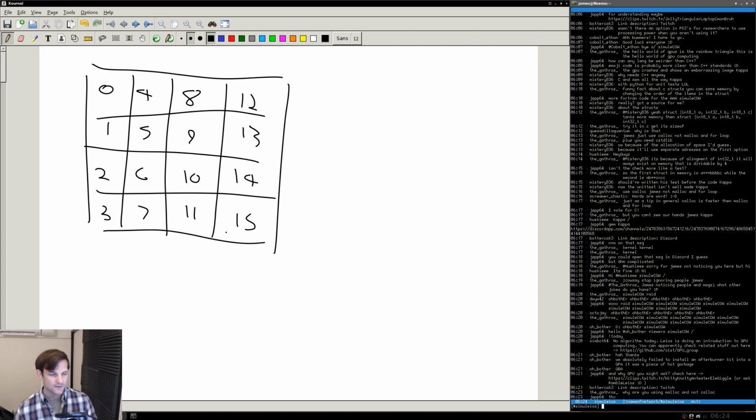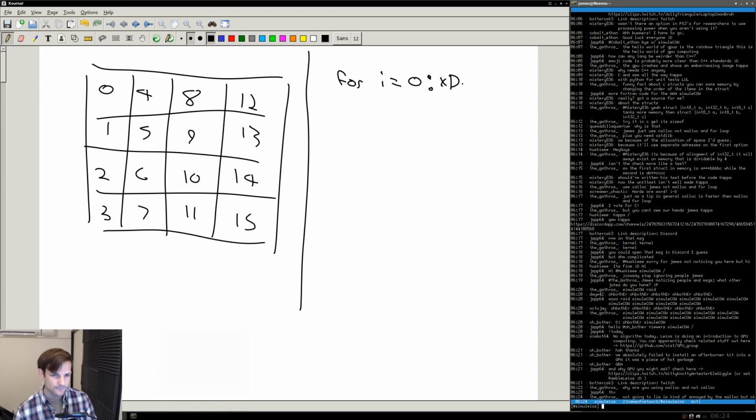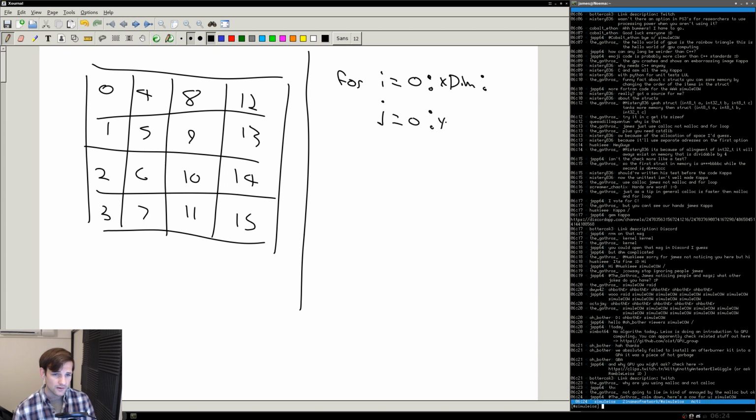If this is how you want to notate things, you're going to have to do something like this. Let's say for I equals 0 to X dimension, and then J equals 0 to Y dimension, right?